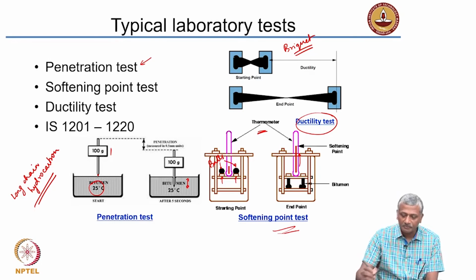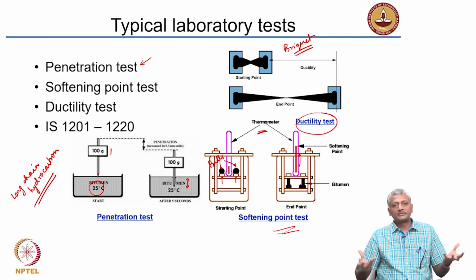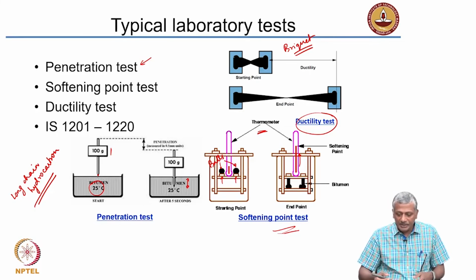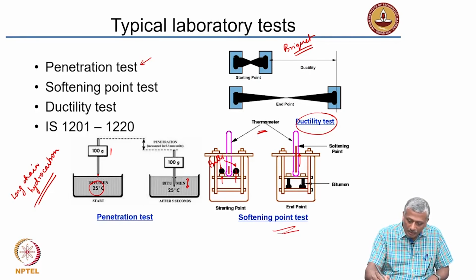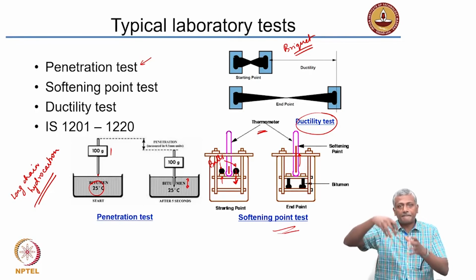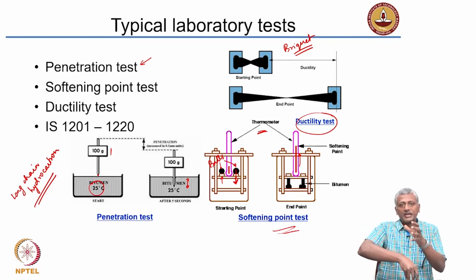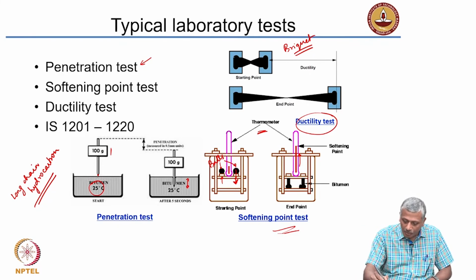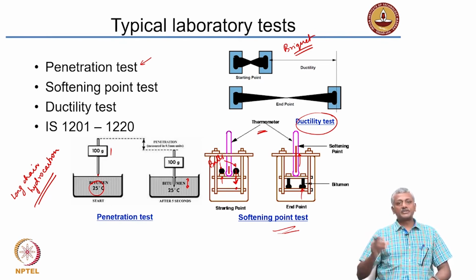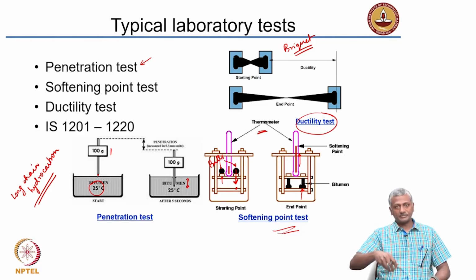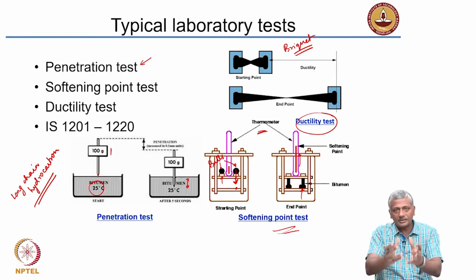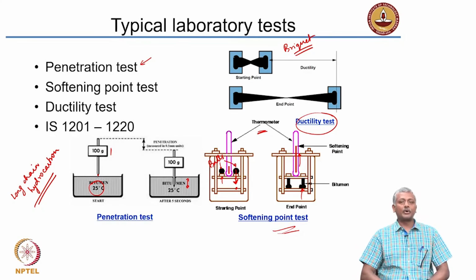As the temperature goes up, the asphalt starts softening, it starts reducing its viscosity. So, as a result, the ball will start coming through the asphalt layer and ultimately touch the bottom plate. The temperature at which the ball and the surrounding asphalt together just touch the bottom plate is called the softening point.